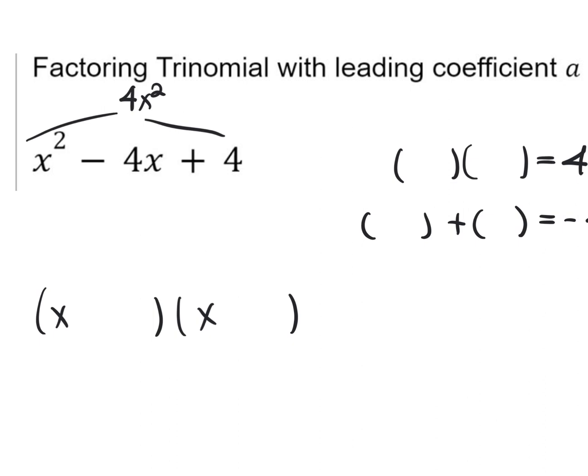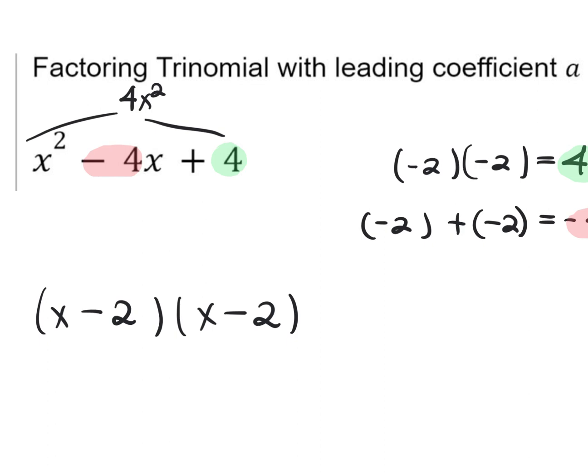And those numbers come from the negative 4 here, and then the positive 4 here. And this step is technically how you can just say that it's going to be negative 2 times negative 2, and then negative 2 plus negative 2, and then it'll be x minus 2 times x minus 2.